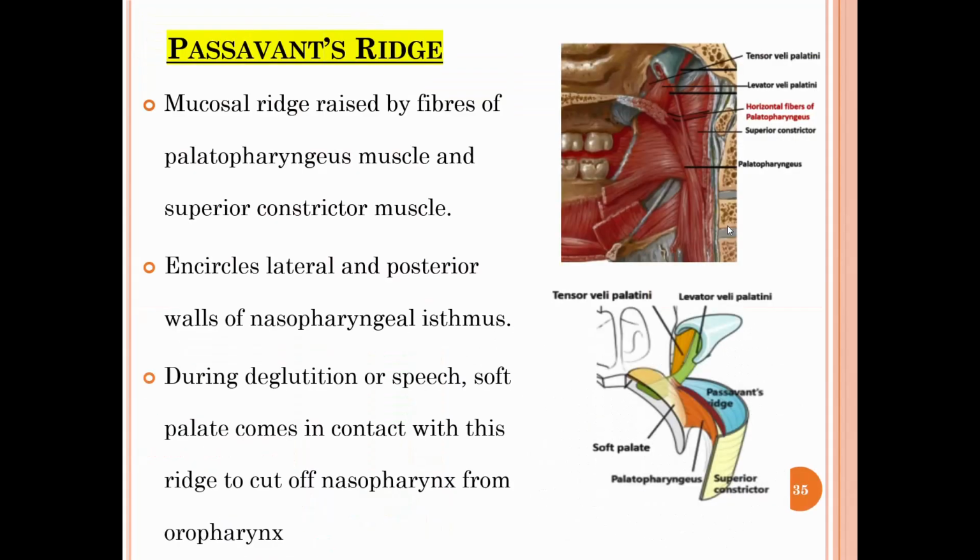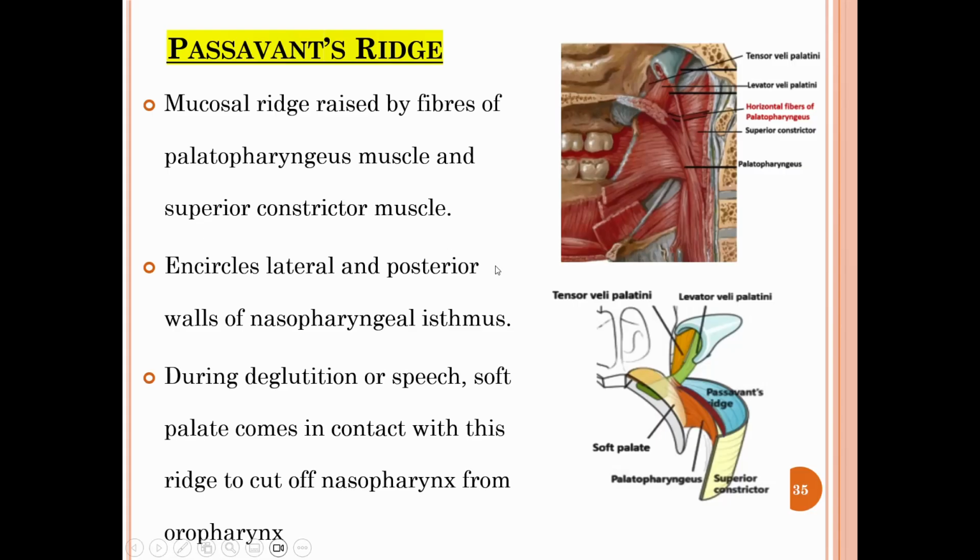Then what is Passavant's ridge? Passavant's ridge is nothing but a mucosal fold which is raised by the fibers of two muscles, palatopharyngeus and superior constrictor. So you can see the superior constrictor here, you can see the palatopharyngeus here. So here there will be one mucosal fold.